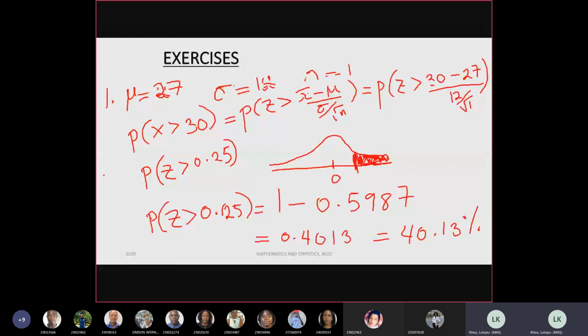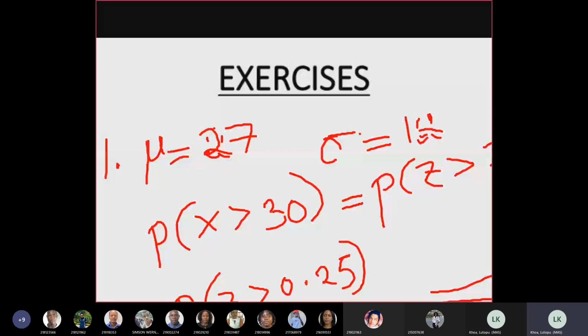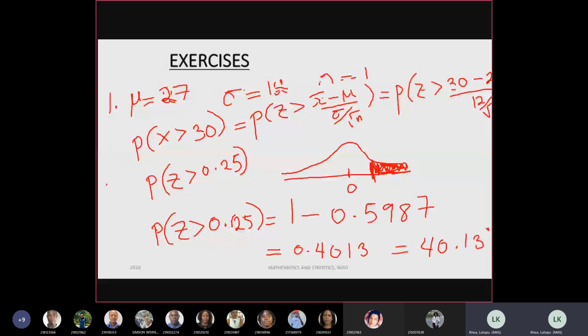I think this is pretty simple. Do we have any questions on that? Is this clear enough? Yes, ma'am.